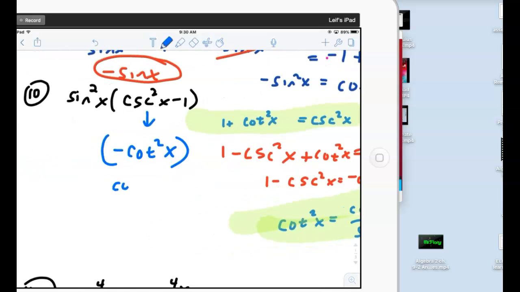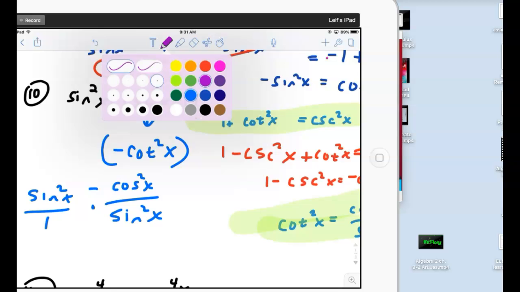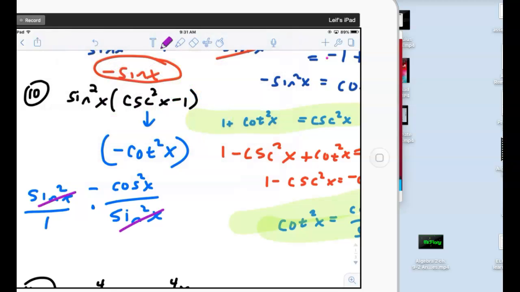So I'm going to switch that: cosine squared over sine squared. And it's got a negative on it. I'm also multiplying sine squared of x over 1 times that. So if I multiply those together, the sine squareds cancel, and I'm left with negative cosine squared of x. And that is the answer.